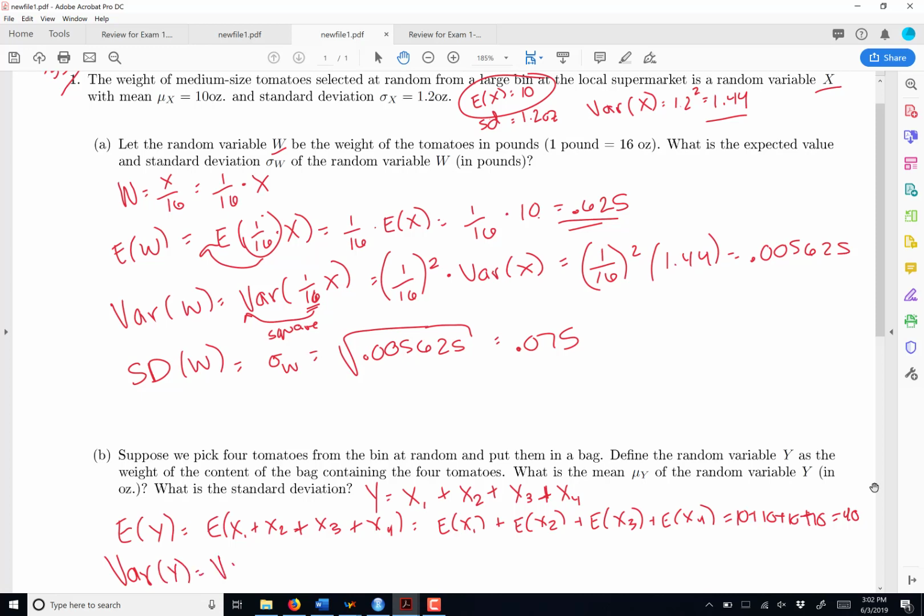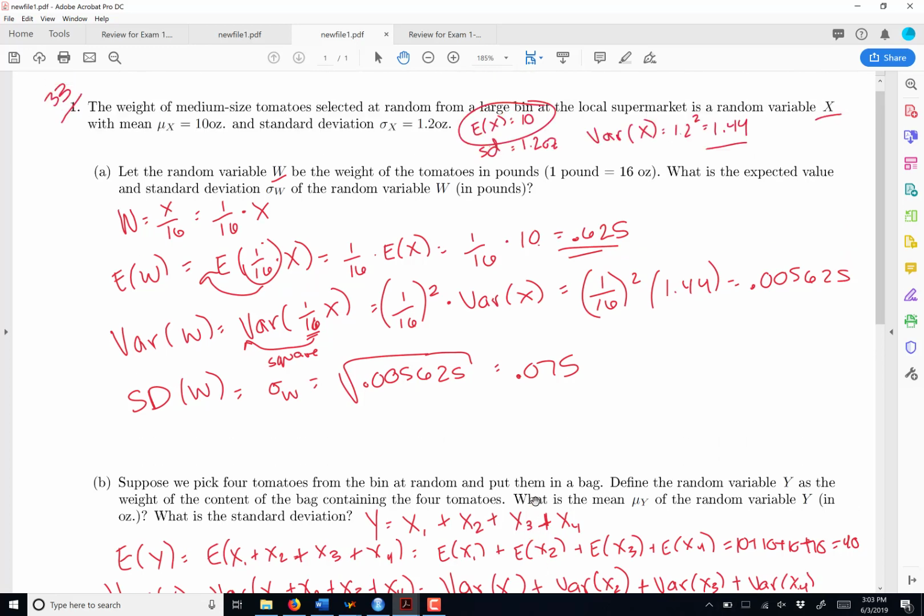Now you have to do variance instead of standard deviation first. So variance will be the same thing. Variance of x1 plus x2 plus x3 plus x4. And for variance, the variance rule says you just add up each individual variance. So variance of x1 plus variance of x2 plus variance of x3 plus variance of x4.